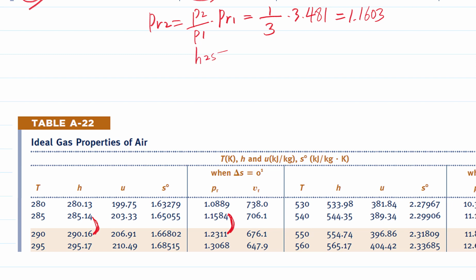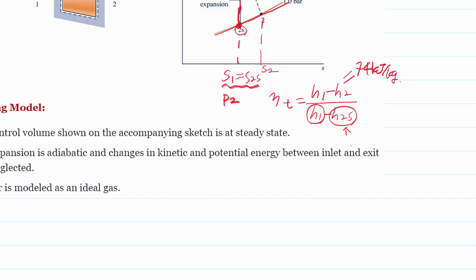So H2S is determined. And go back here, 74 divided by that. So the isentropic efficiency of the turbine is 0.7. This means that the actual turbine is 70% efficient relative to an isentropic turbine with the same given condition.